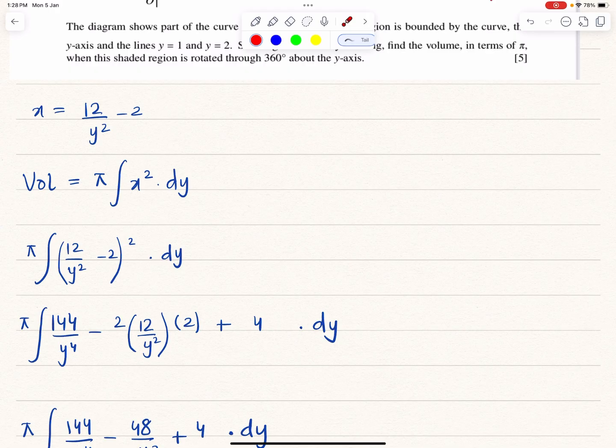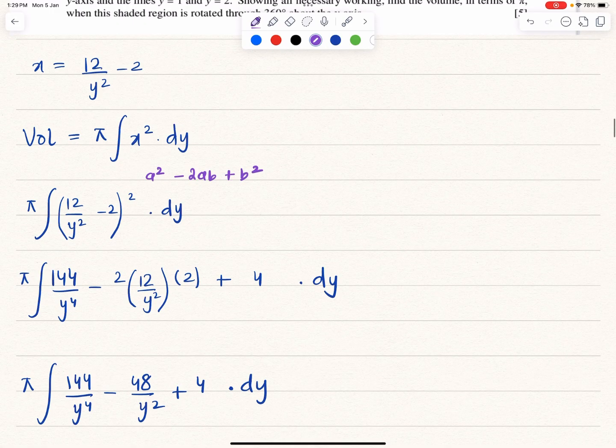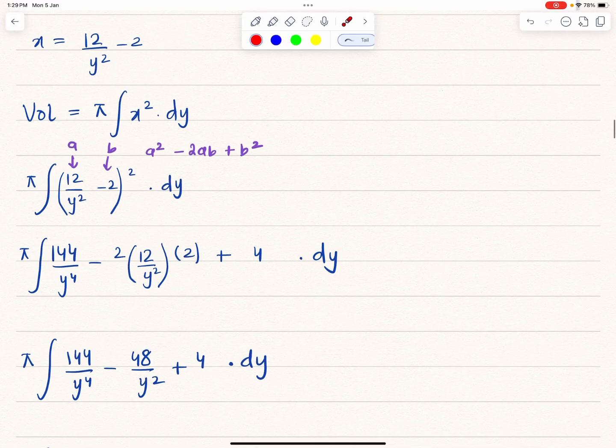If I write it down like this, I'm just going to use the identity over here, which is a square minus 2ab plus b square. So this is your a and this is your b. This is what I did over here. A square minus 2ab plus b square.